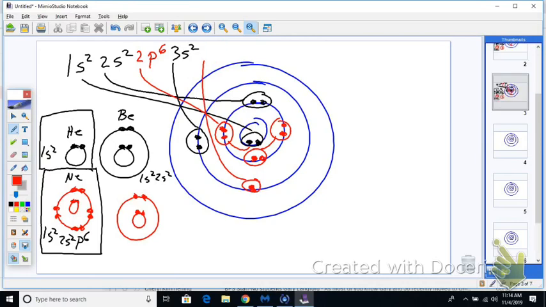You have 2 here, 2 here, and 2 here, and so on. That adds up to 18.